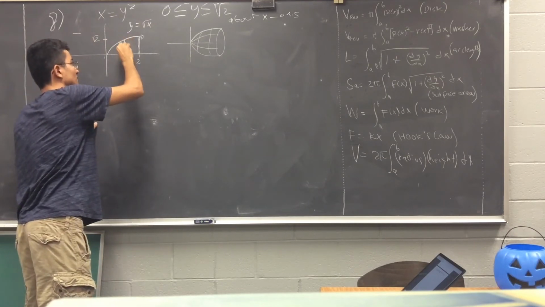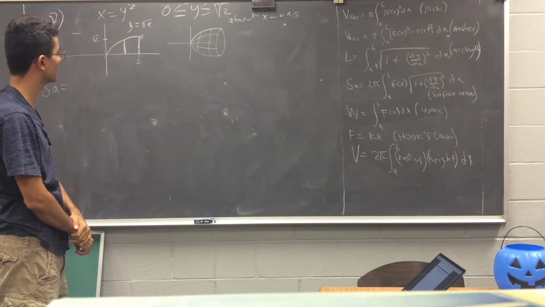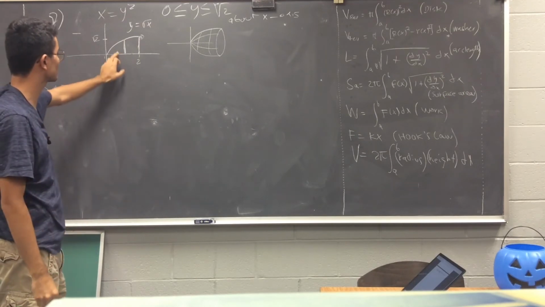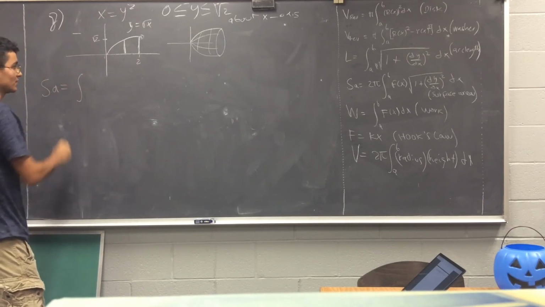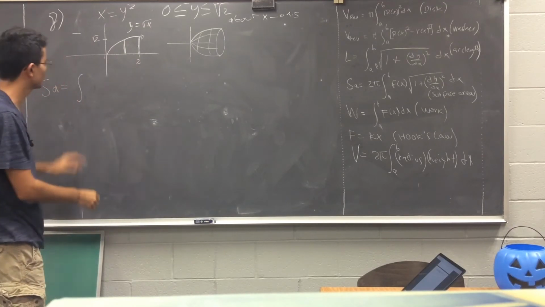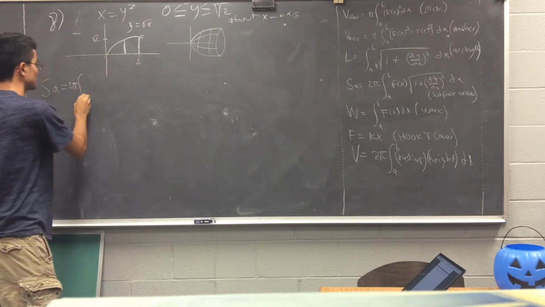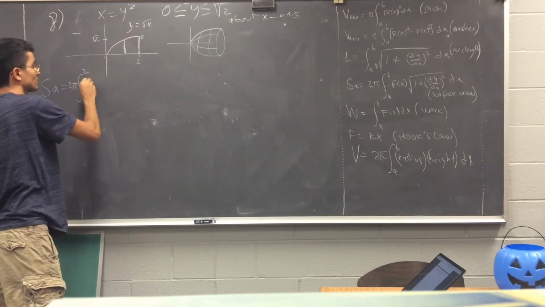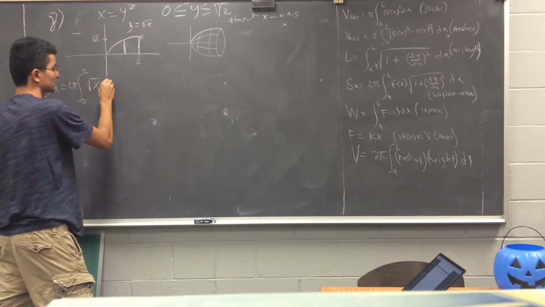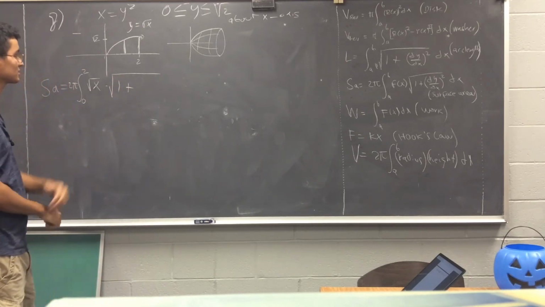And over here, this radius is perpendicular to the x-axis. So we're doing that in terms of x. So that's going to be 2 pi times the integral from 0 to 2 of the function itself, the square root of x, times the arc length, the square root of 1 plus dy squared.